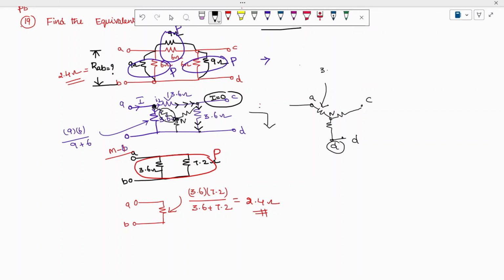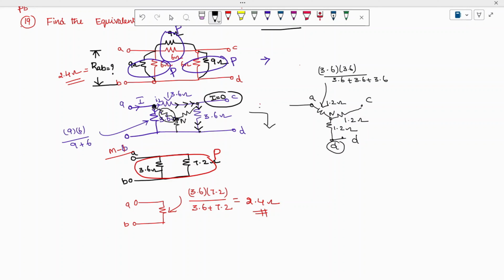It's nothing but 3.6 into 3.6 divided by, so all three are connected, sum of 3 is 3.6 plus 3.6 plus 3.6. So whenever you do it, you are going to get this resistor as 1.2 ohm. This is also 1.2 ohm, same, all 3.6 divided by 3.6 plus 3.6 plus 3.6, automatically you will get 1.2.